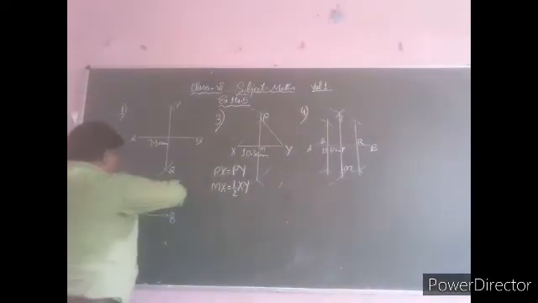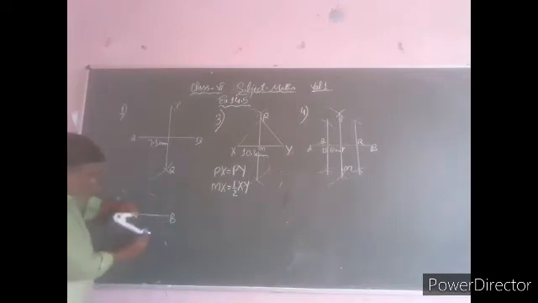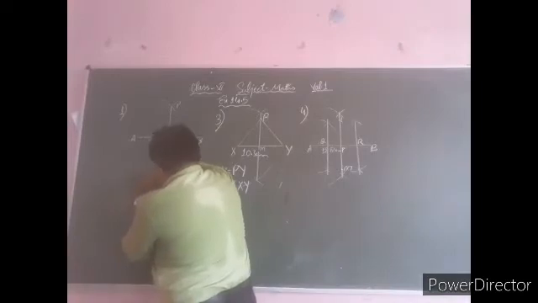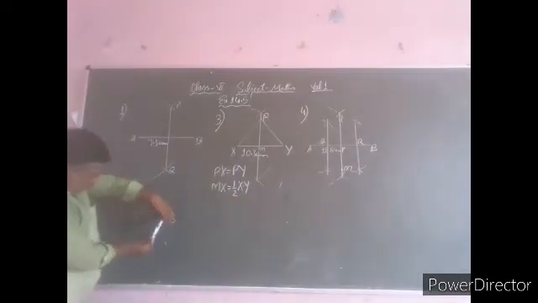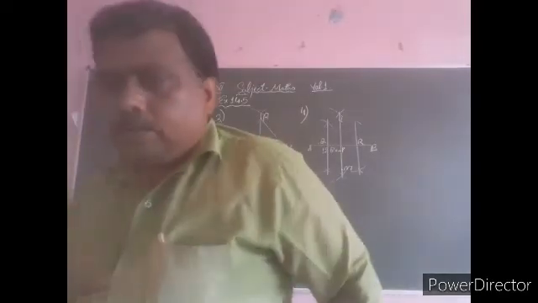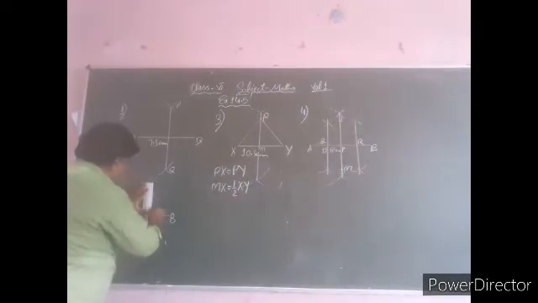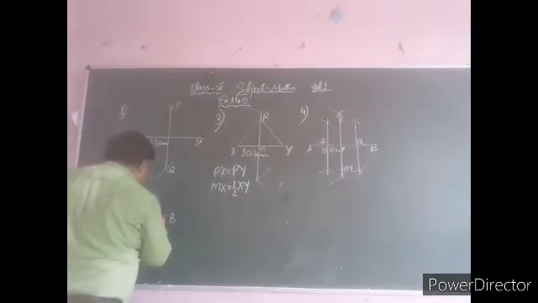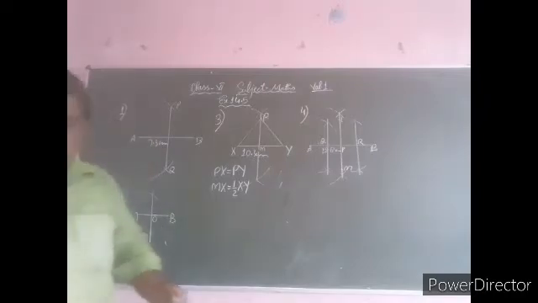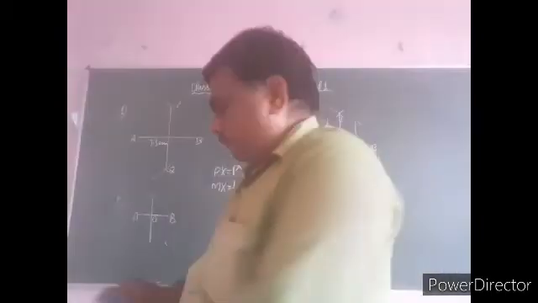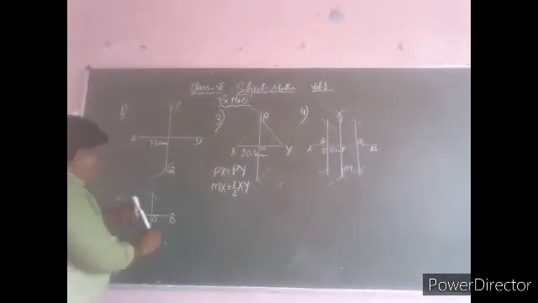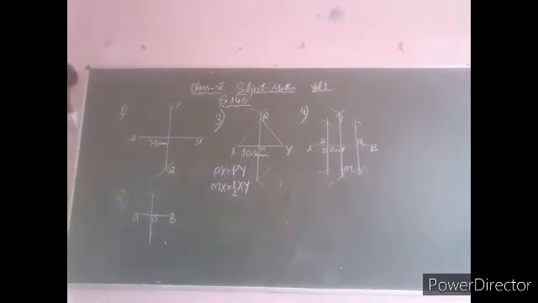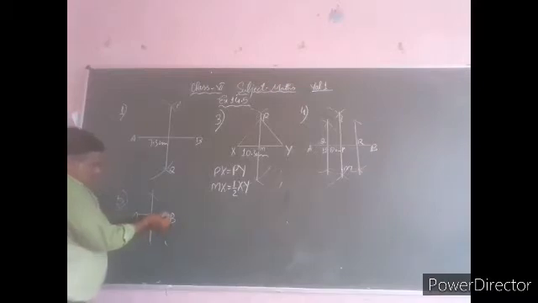So taking A as the center, join, so let it be O. Now taking O as the center and OB as the radius, draw a circle. It will be in this way.